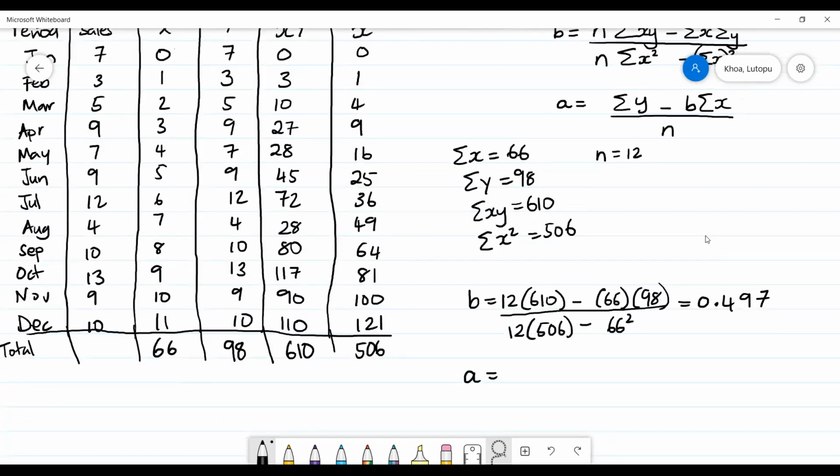So A, this is the sum of the Y values, so it's 98 minus B, 0.9497, multiplied by the sum of the X's, which is 66, and then this is divided by N, which is 12. So we have 98.